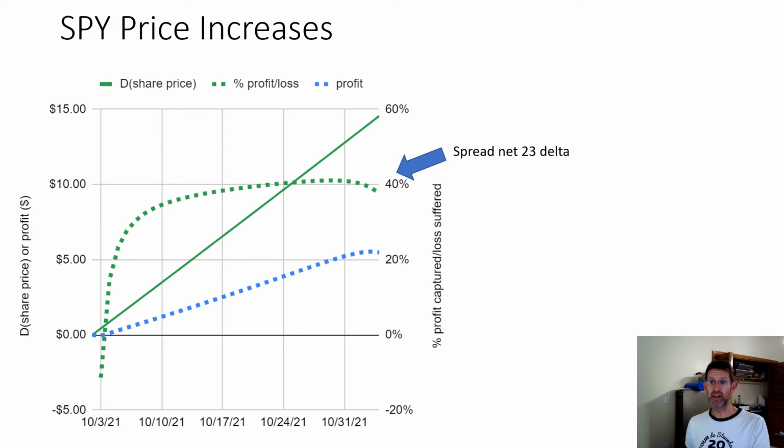But we could see it was actually 40% as effective. It was like owning 40 shares of stock with the spread. So that's pretty nice. At least for this particular underlying on this particular day, the poor man's covered call seemed to give you more profit than you would just get by buying 23 shares of SPY.